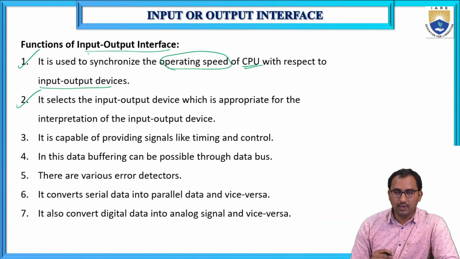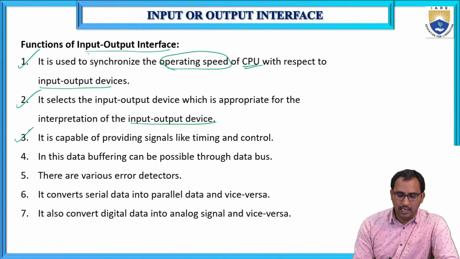This address decoding logic will compare the address generated by the CPU with the address of the IO device. If both match, then that particular IO device will be active. Otherwise, it will be inactive.